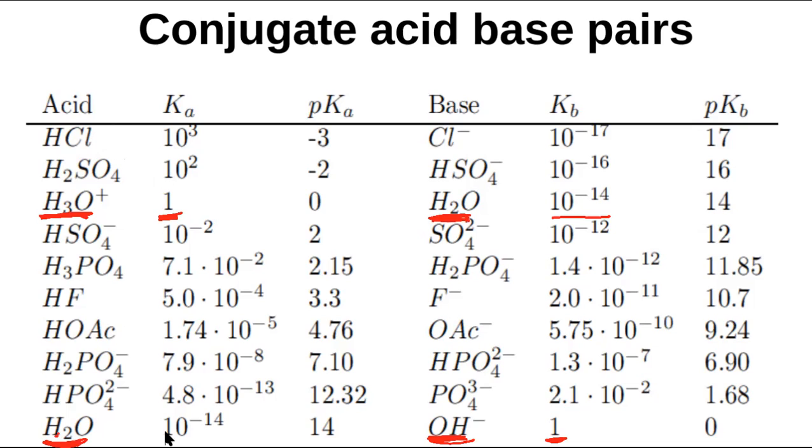For example, I don't have any examples of stronger bases here, but I have examples of stronger acids. But in principle, they can't exist in water because they are such strong acids, so they will donate the hydrogen ions to water molecules and form essentially only the conjugate bases.